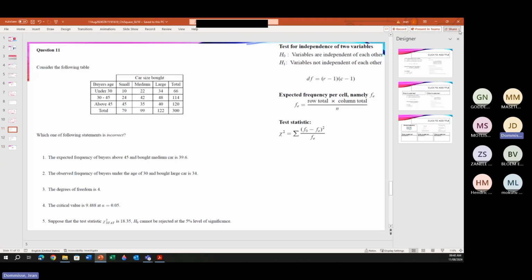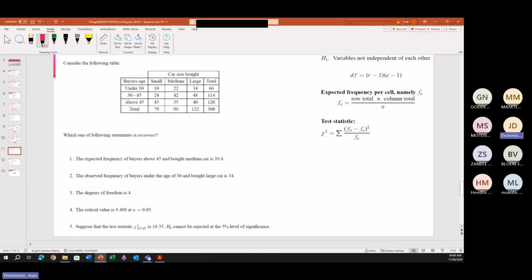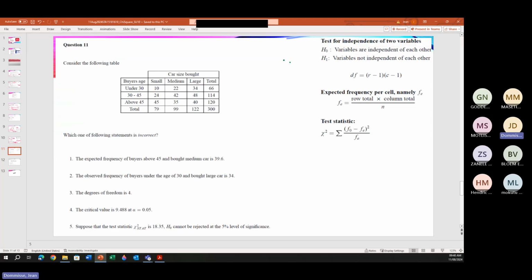Also, for me, if I look at these, it's easier to identify H0, H1, and degrees of freedom. Those are nearly the easier ones if they are in the question set.